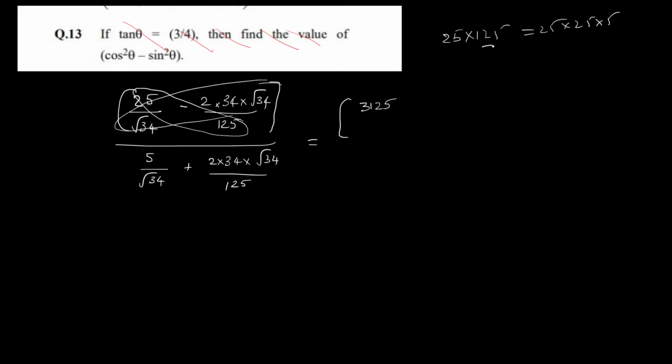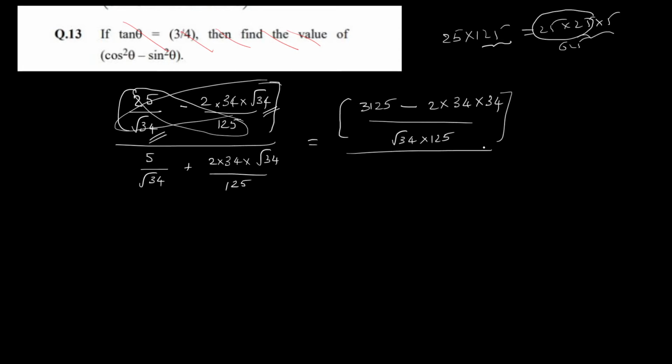This 125 I can write as 25 into 5, and since this is a product of three numbers, I'll multiply the first two. 25 times 25 is 625, and 625 times 5 is 3125, minus root 34 into root 34 will become 34. So here you'll get 2 into 34 into one more 34 by root 34 into 125.